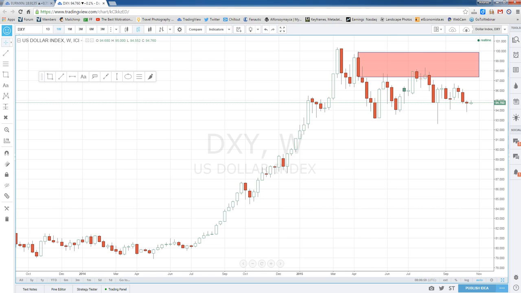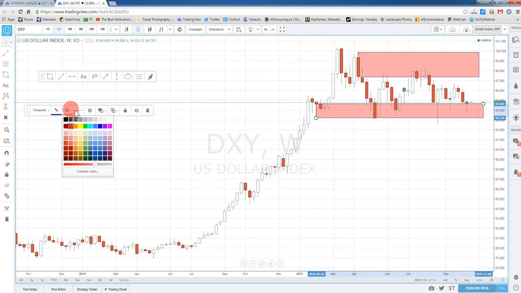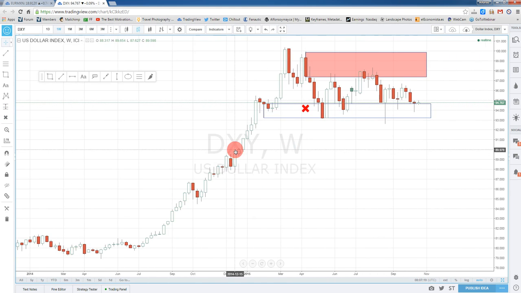Okay, this area of demand over there. Let me draw it with this tool better. Like that. Okay, we have that. Let me make it hollow. That one area has been taken out. Isn't it or not?